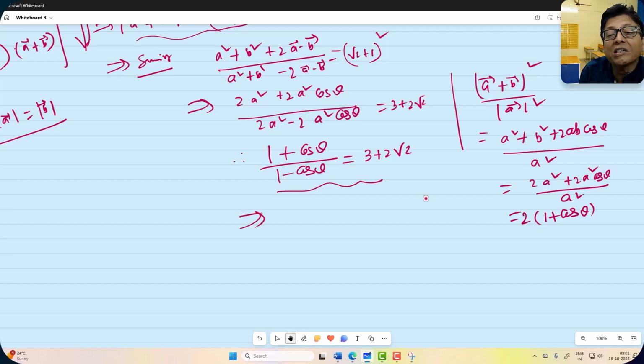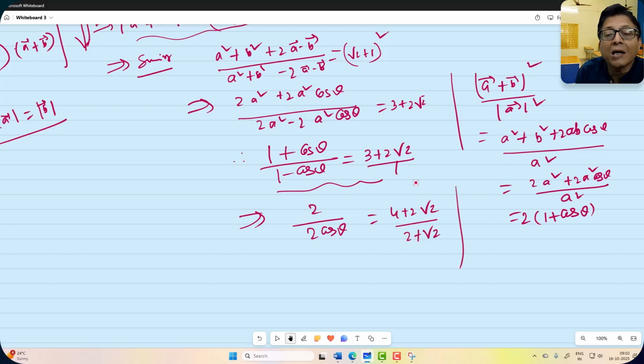So this will give you 1 plus cos theta. You can use the component dividend again. So this by this, if you apply, it is going to be 2 by this minus this, 2 cos theta is 4 plus 2 root 2 by 2 plus root 2. 2 plus 2 root 2, sorry. 2 plus 2 root 2.